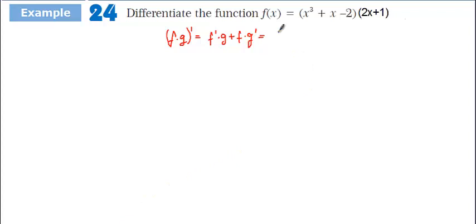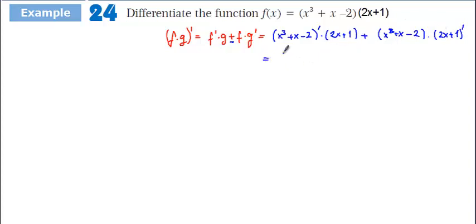Then it's going to be equal to the derivative of x cubed plus x minus 2 times the second one, 2x plus 1, plus the sign, this plus sign, then the first one, x cubed plus x minus 2, times the derivative of 2x plus 1.